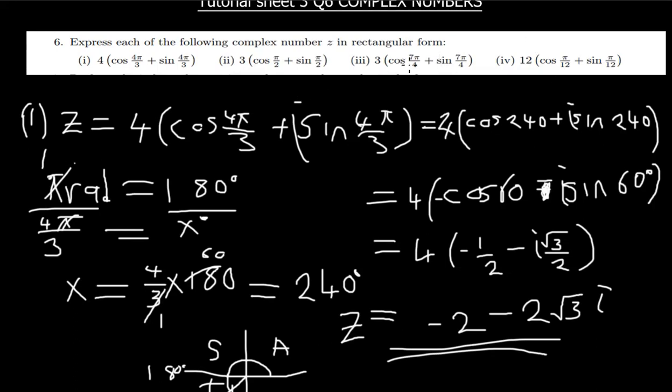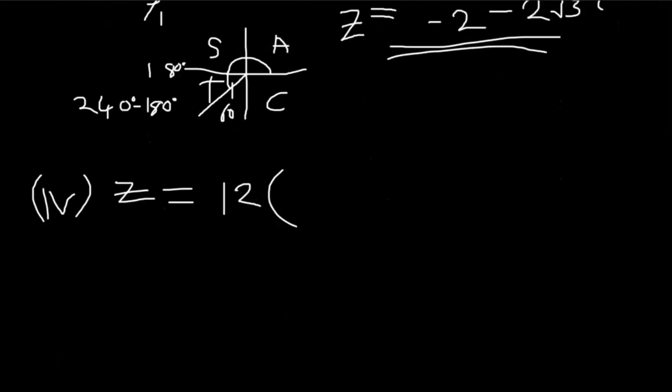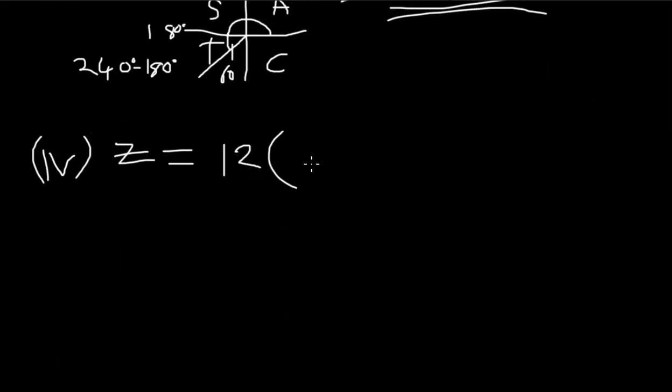Even the one who was typing left it. But it's supposed to be there. So this is cos pi over 12, and then sine, there's supposed to be I there, sine pi over 12.